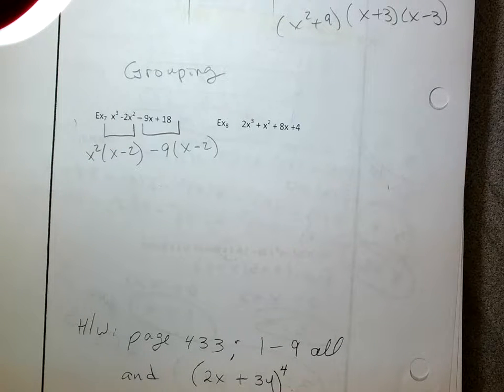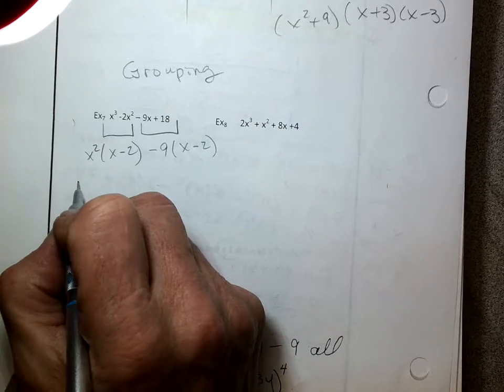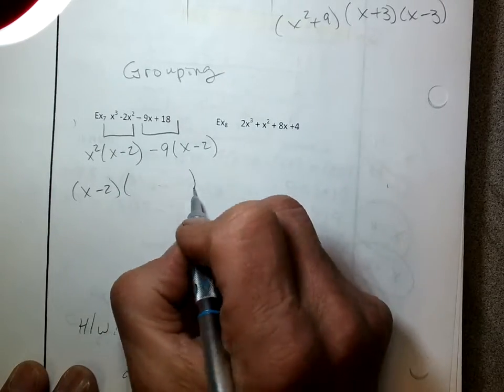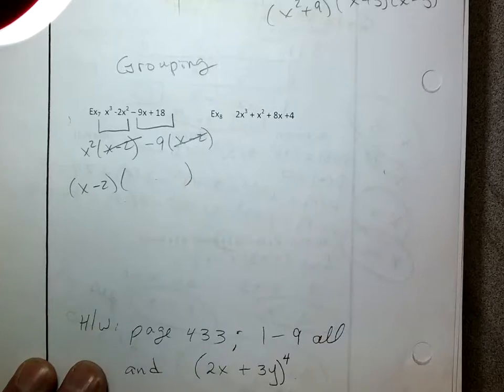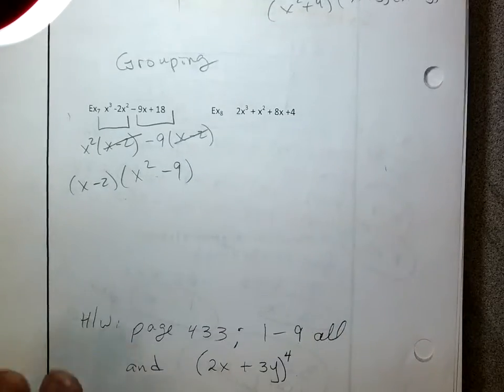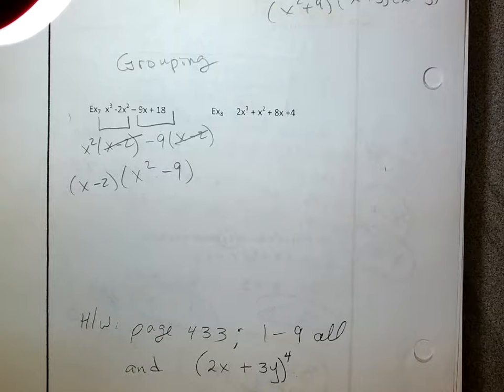Well, look at that. What do those two groups have in common? x minus 2. So if I factor out the x minus 2, what's left over? x squared minus 9. Can that be factored again? Now we're doing algebra 2 stuff.